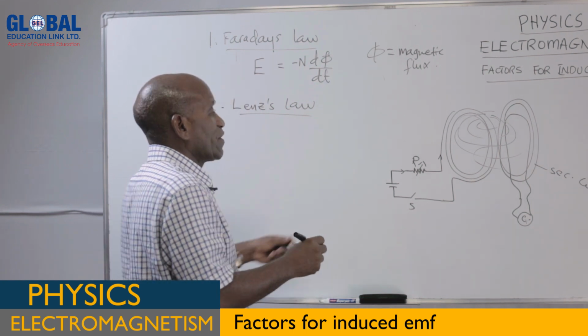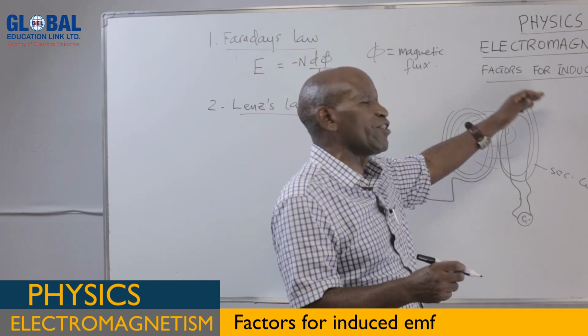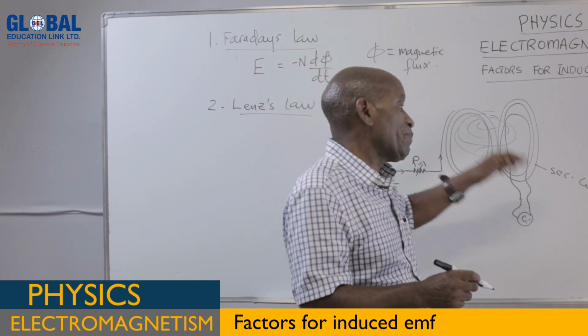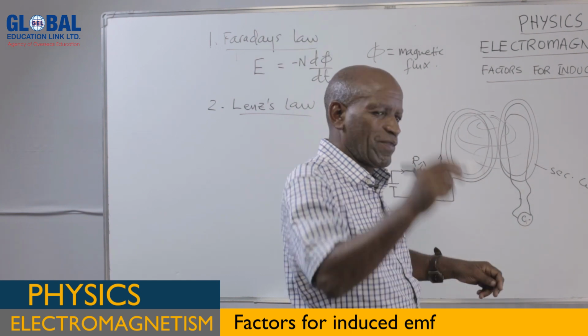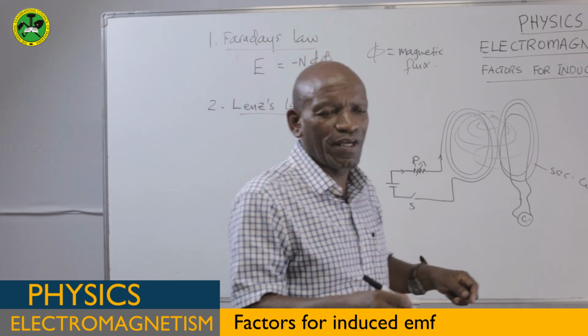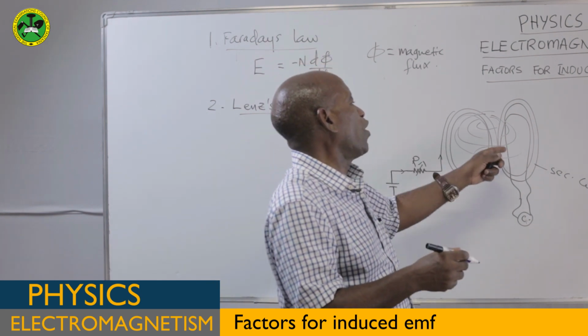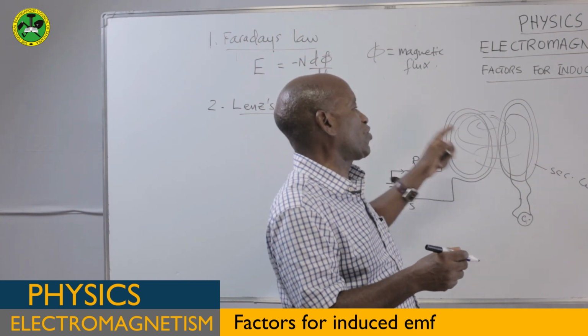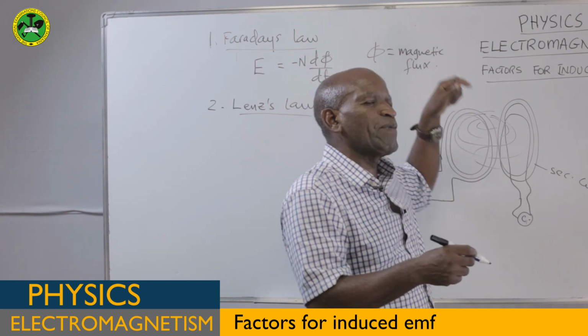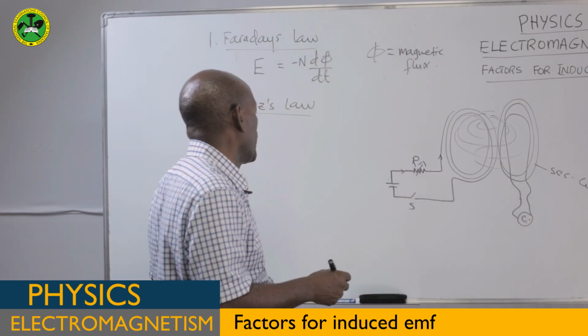Always the induced current which will be obtained, let's say, in a secondary coil, from the basic principle, that particular current will also produce a magnetic field around it. And that magnetic field will oppose the change which makes that particular induced EMF to be produced. So that's what we call Lenz's law.